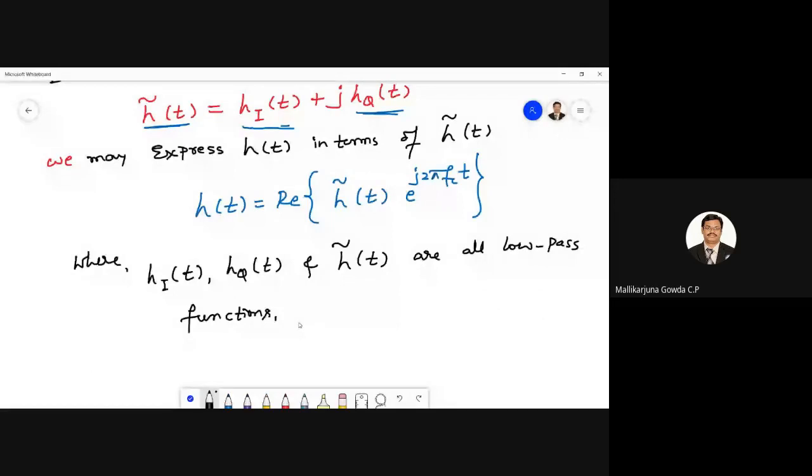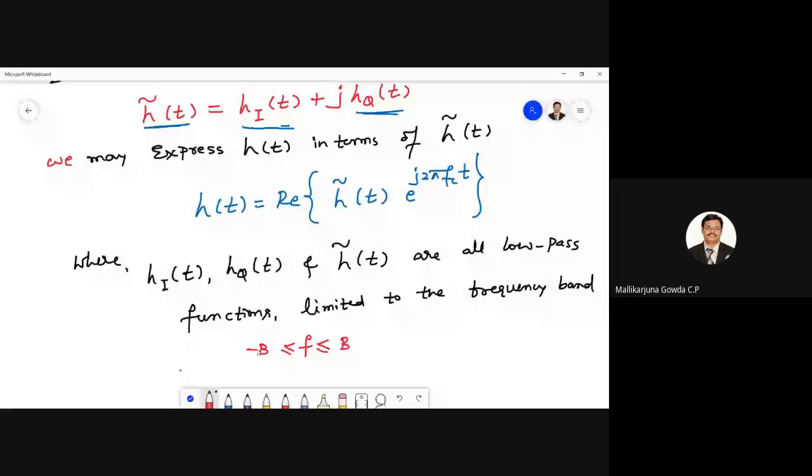That is, limited to the frequency band greater than or equal to minus B and less than B.